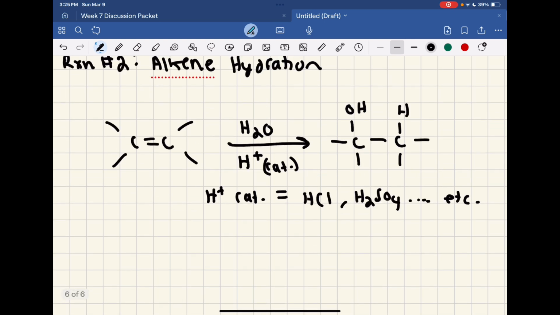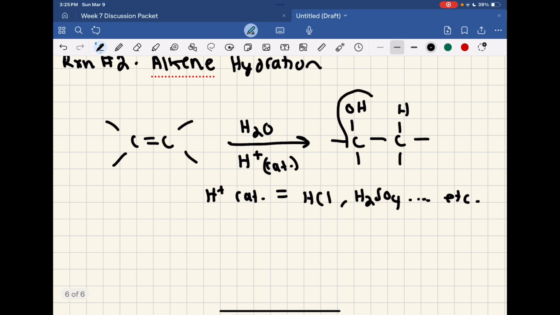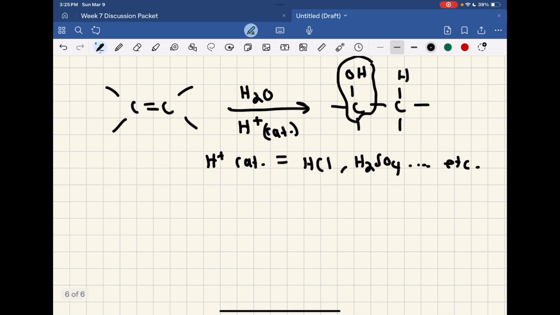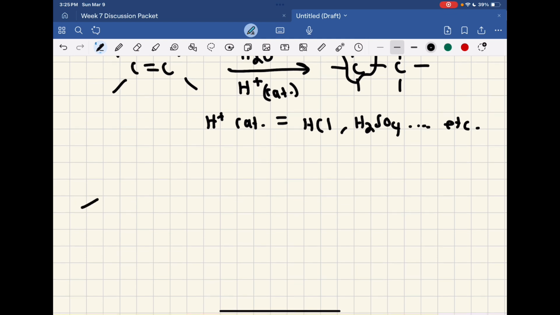I did just want to point out that this is a functional group you should recognize. A C-OH group is an alcohol. So we have now officially seen alkene to a haloalkane. This is now alkene to an alcohol. Okay, so mechanistically, how does this work? So I gave you this example: water, hydrochloric acid.